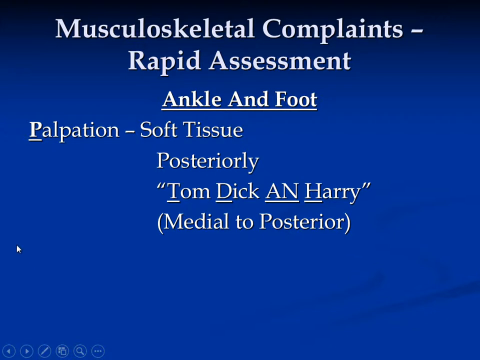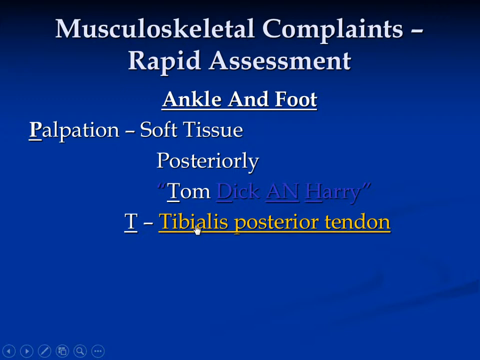There's a mnemonic that teaches us the order of things as far as soft tissue palpation is concerned. The mnemonic is Tom, Dick, and Harry, medially to the posterior aspect of the foot.